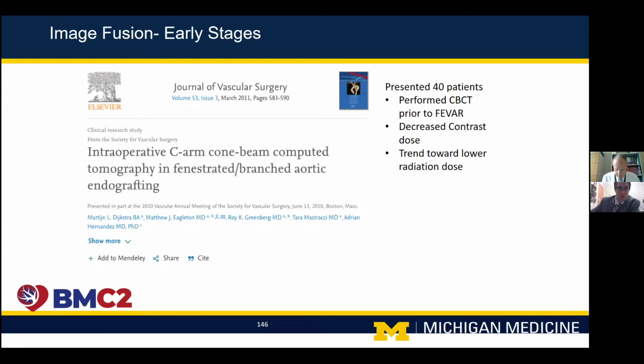Now that obviously was a larger dose of radiation than what we currently use, but this really opened the door to this idea. It did require doing a cone beam CT prior to performing your procedure, but they showed that even with this, they were able to achieve lower doses of contrast, and they had a trend toward lower radiation dosing in their 40 patients that they reported in that paper.